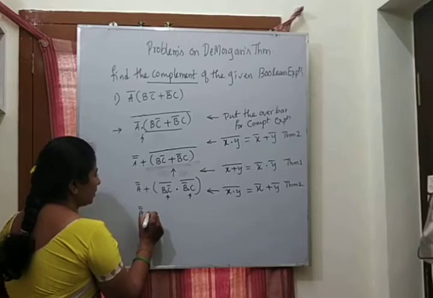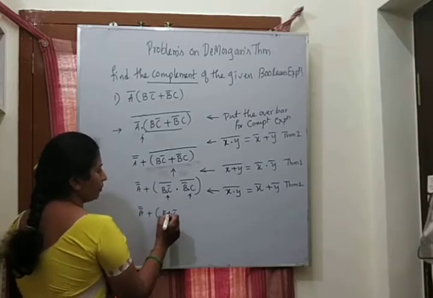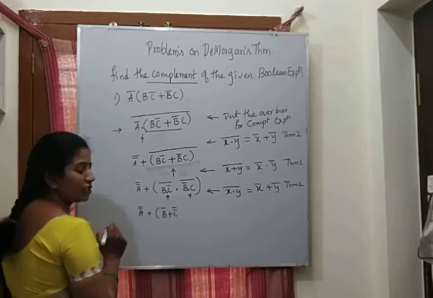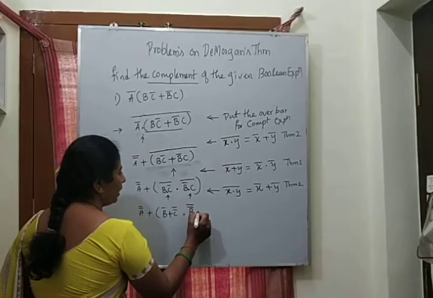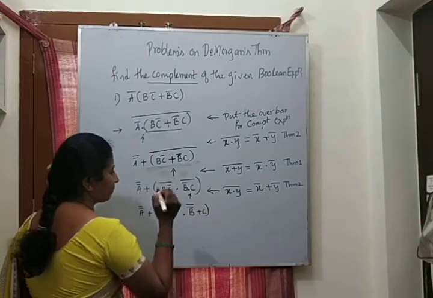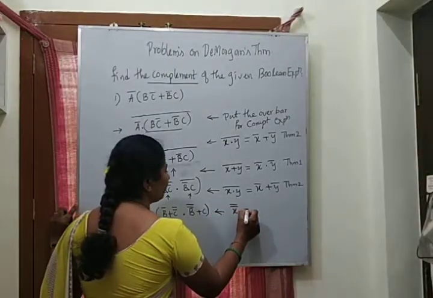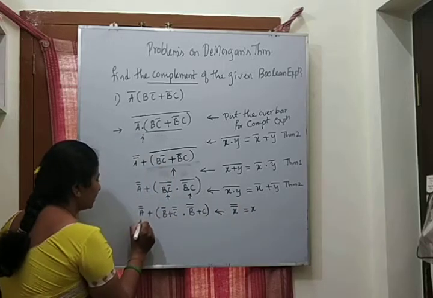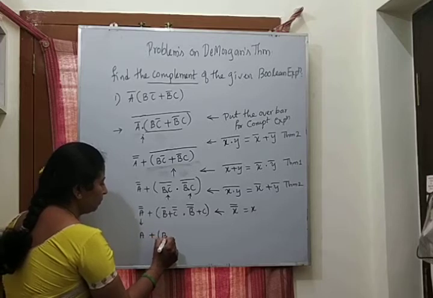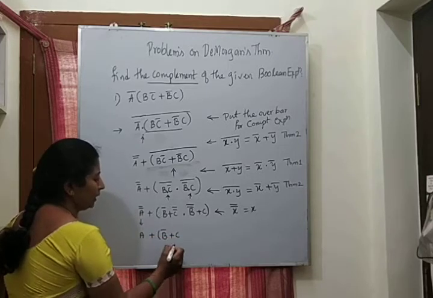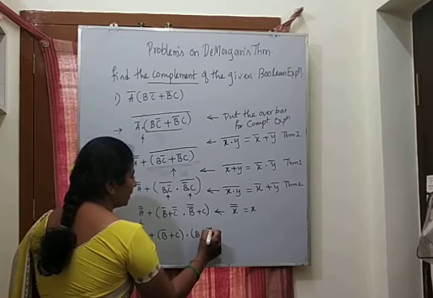A double dash plus b plus c single dash into b double bar plus c. Then x double dash can be written as x, hence we can write this as a plus b bar plus c into b plus c bar.